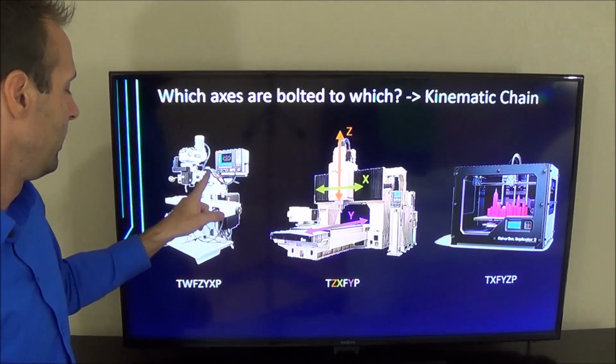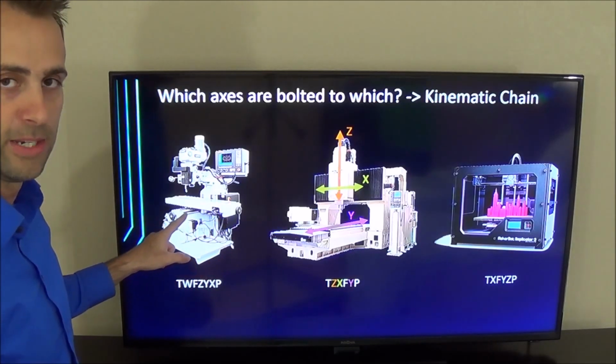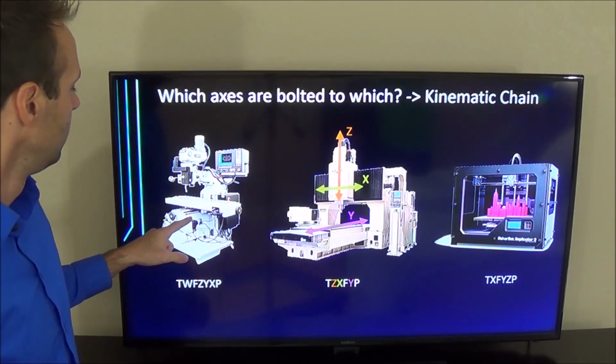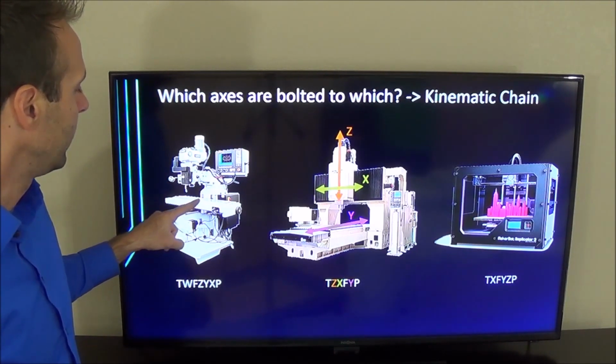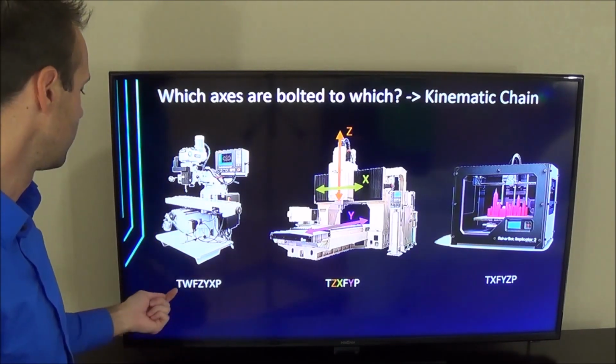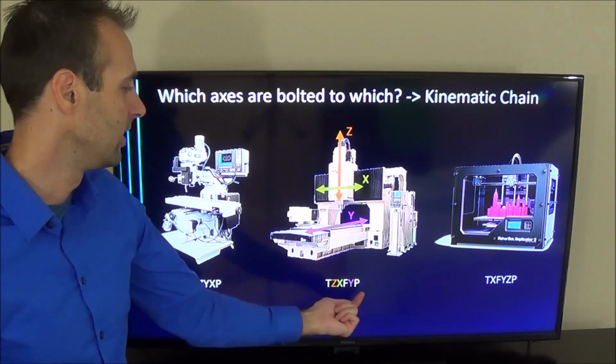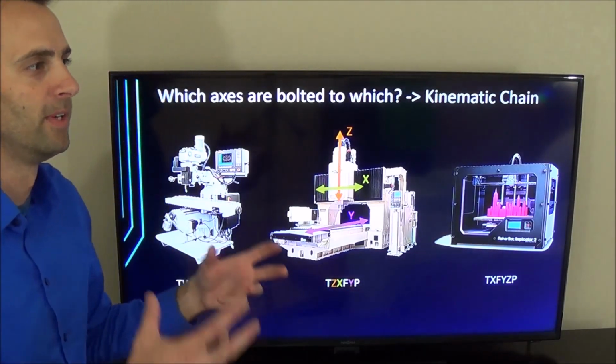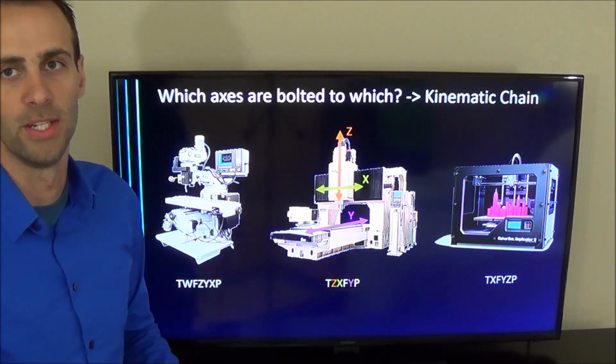Then in that chain it comes through the knee, and then up through the y-axis, up through the x-axis, and then there's the part. So this chain of letters is really just a simple way to keep track of what type of machine I have.